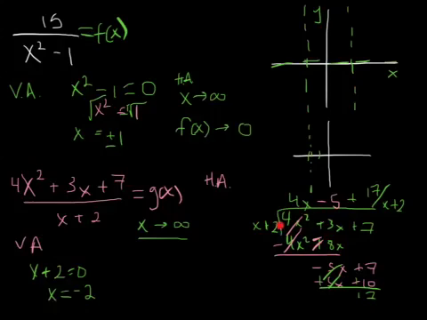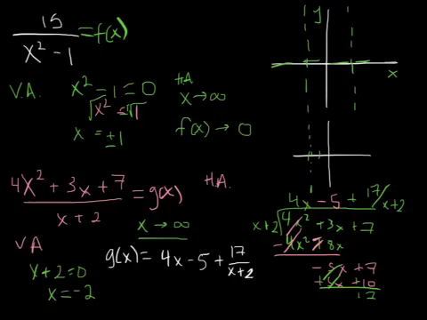When you multiply x plus 2 times everything here, you're going to get 4x minus 5 will give you everything but the remainder. And so you'll need to multiply x plus 2 times 17 over x plus 2 to get your remainder. So the function simplifies. We can rewrite our function g of x as simply 4x minus 5 plus 17 over x plus 2.